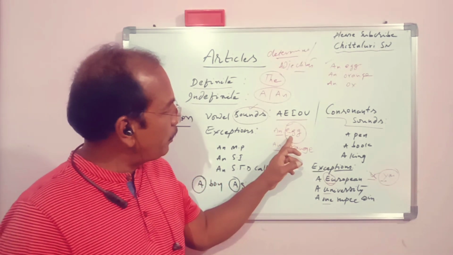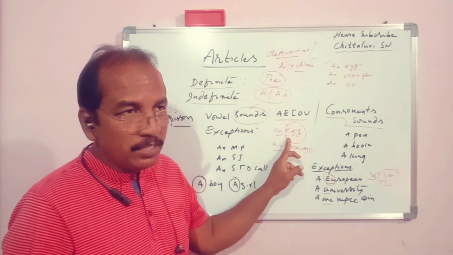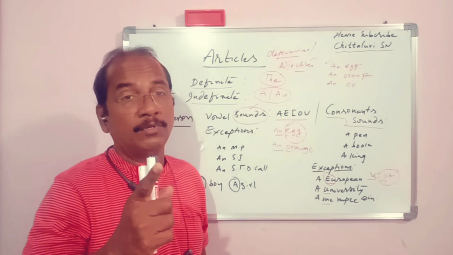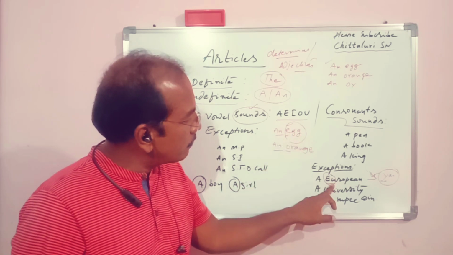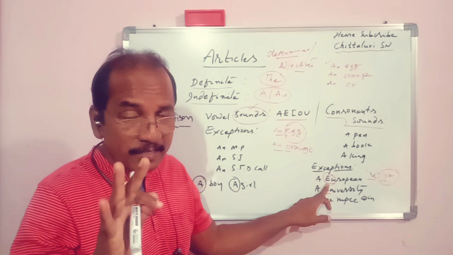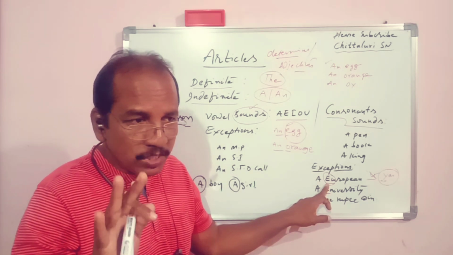Coming to this, an egg: this word starts with the vowel E, and its sound is also a vowel sound. That is the reason we used an. Coming to European, it also started with the vowel letter E, but it doesn't have a vowel sound; it has a consonant sound.